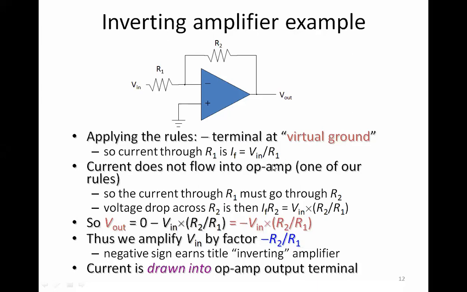Current does not flow into the op-amp. So even if you're giving a voltage potential here, the current does not pass through inside the op-amp, but there are possibilities that the current can pass through R2. So current will come here, but it will not enter here.